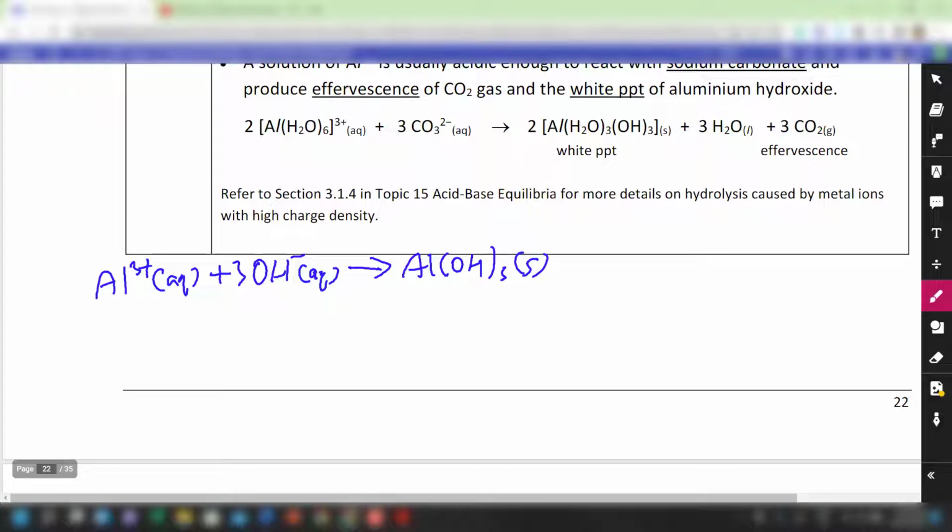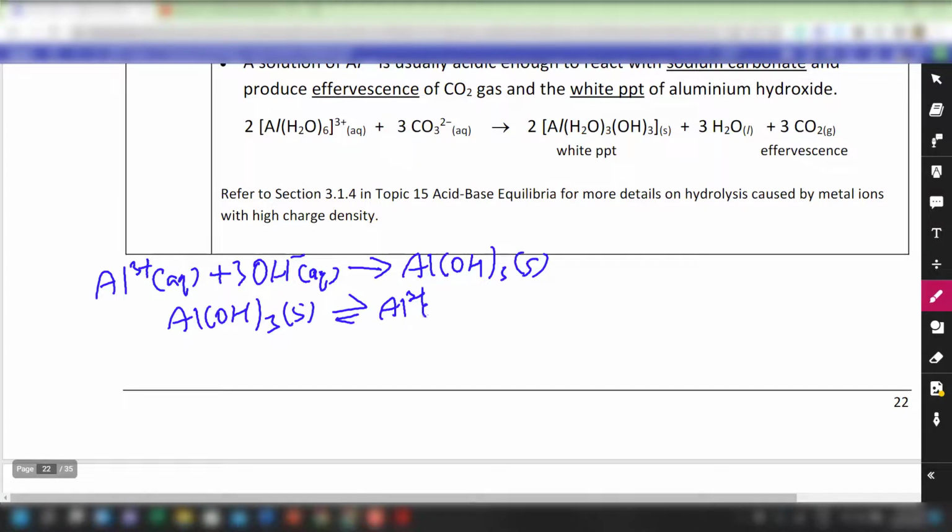And then the aluminium hydroxide in the solid phase is able to maintain a small amount of Al3+ and OH- by virtue of its Ksp. And in the process I'm going to get this.